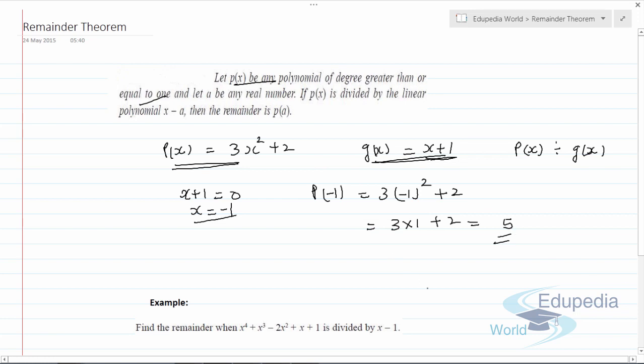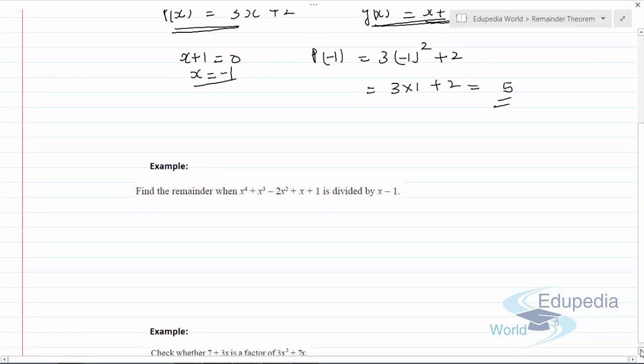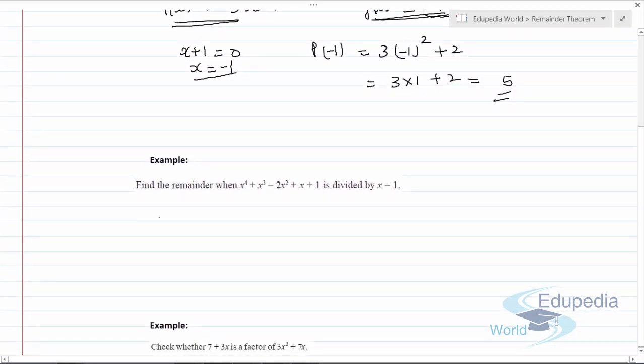So let's discuss this concept more with one more example on the remainder theorem. Now suppose we have to find the remainder when this polynomial is divided by this. We have two polynomials. Let p of x equal x raised to power 4 plus x cube minus 2x square plus x plus 1.